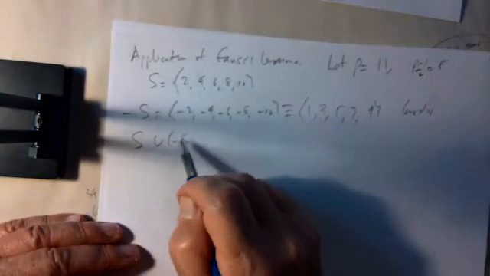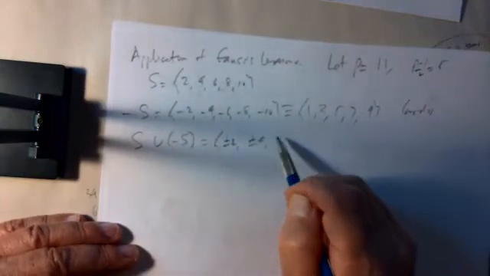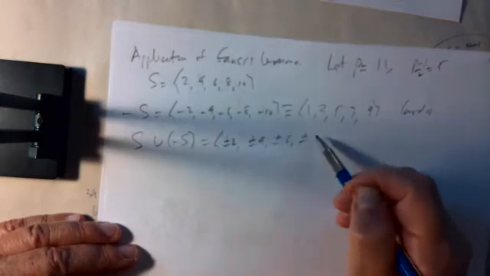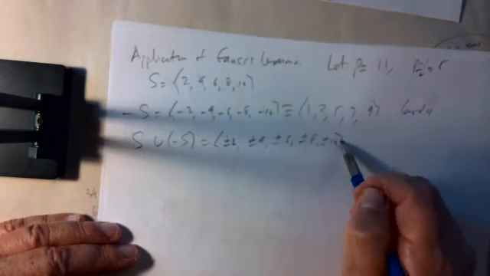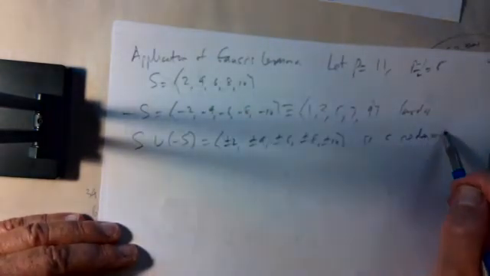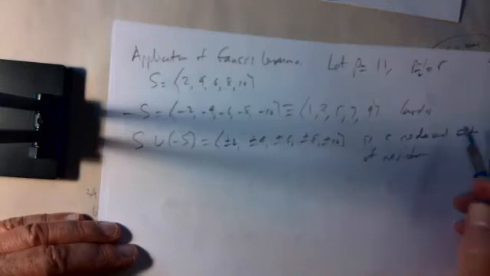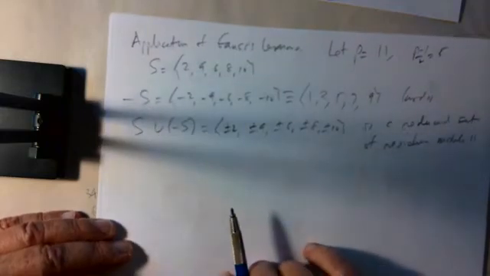So S union minus S, which is plus or minus 2, plus or minus 4, plus or minus 6, plus or minus 8, plus or minus 10, is a reduced set of residues modulo 11.